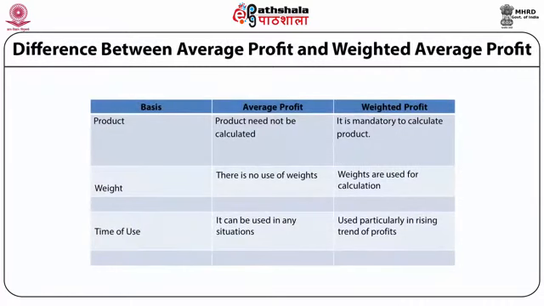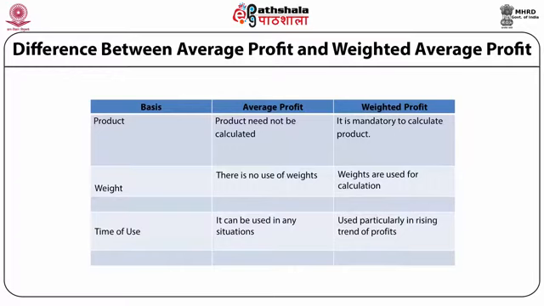What is the difference between average profit and weighted average profit? It is shown in the present figure. In the average profit method, there is no need of calculating product, whereas it is mandatory to calculate product under the weighted average profit method.